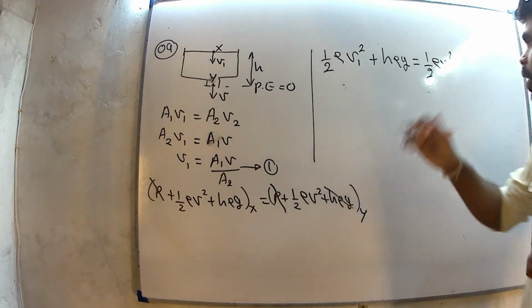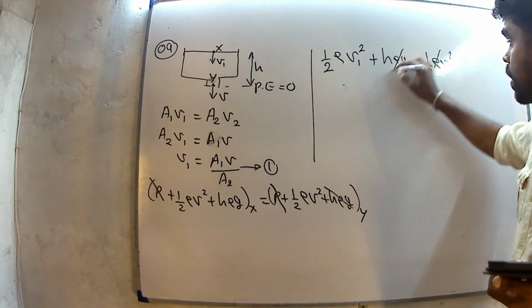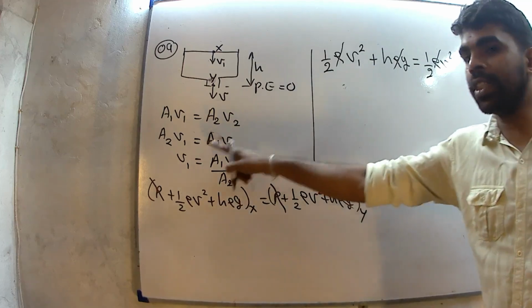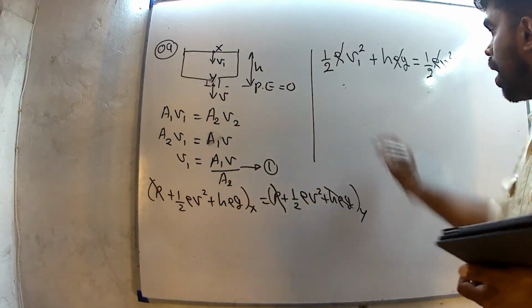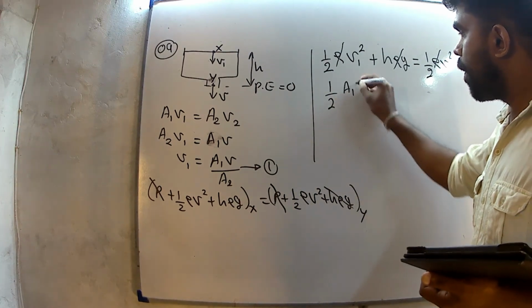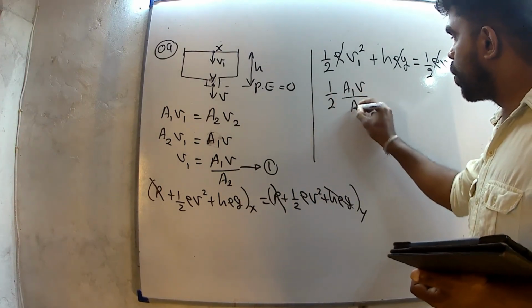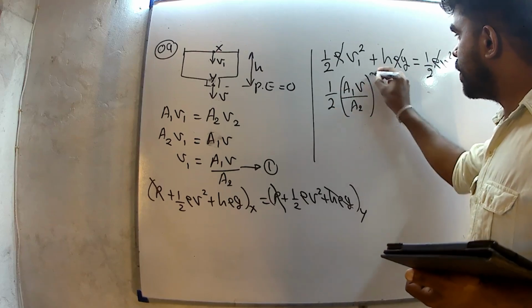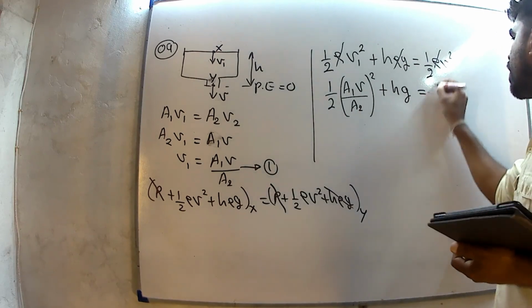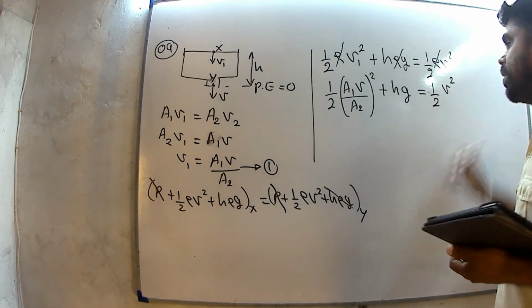Now we can cancel out the rho term and substitute the V1 value using this equation. Half times A1 V divided by A2 squared plus hG equals half V squared.